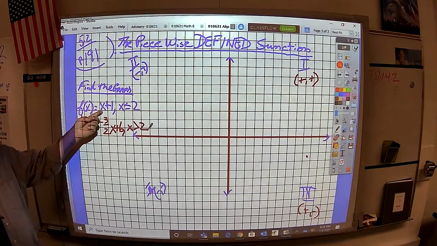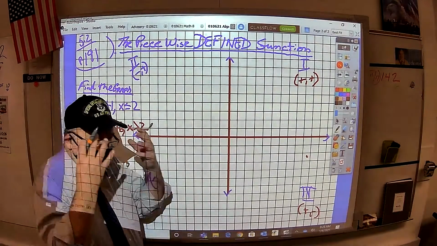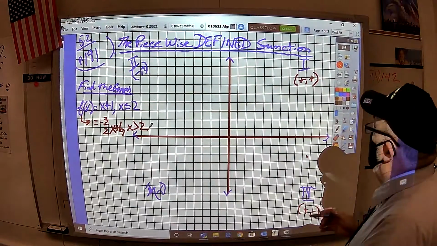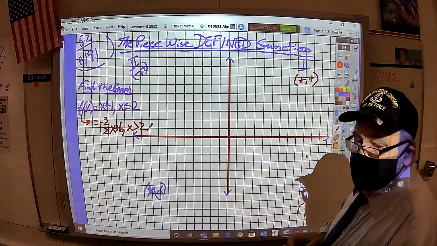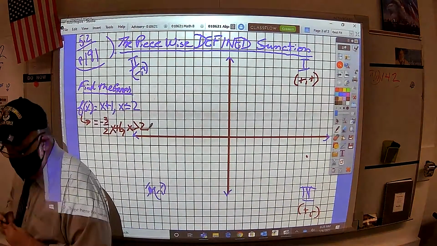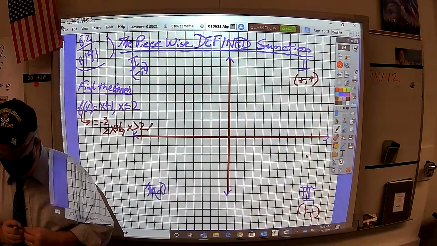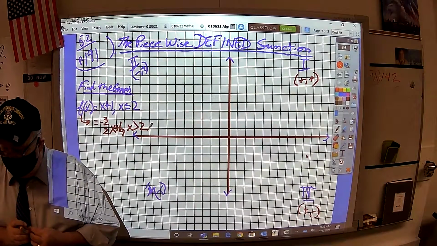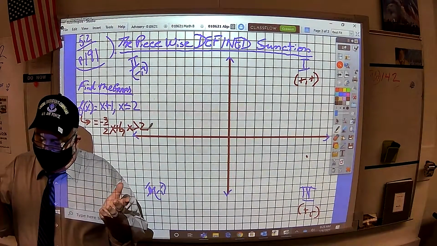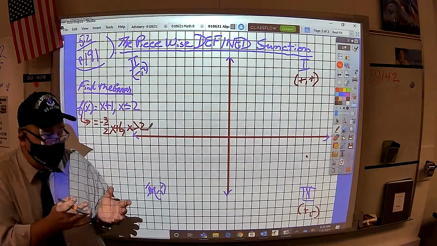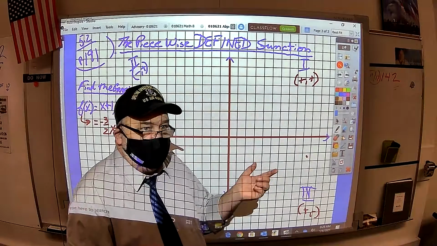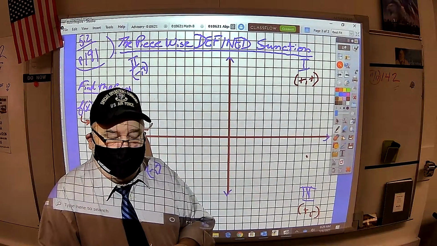First off, we want to graph x plus 1. At least mentally we want to take a look at that. Now, x plus 1 strictly looks at x and then adds 1 to it. If I say x plus 1, I already know where my y-intercept is.